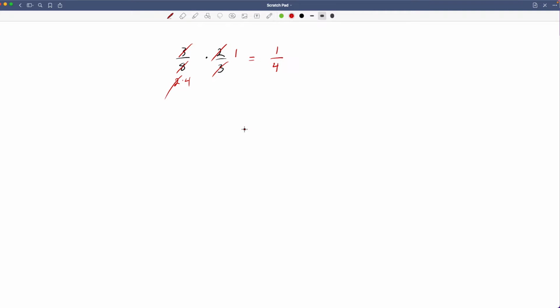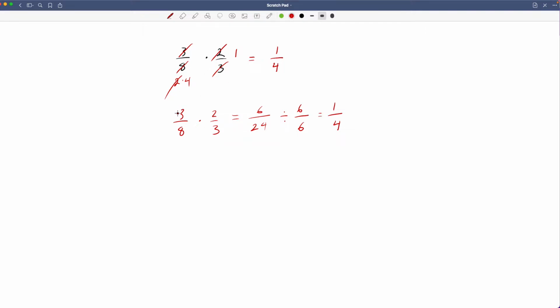But just to play it safe and do it the old way, I'll show you. If you have 3 over 8 times 2 over 3, that would be 6 over 24. If I divided the top by 6 and the bottom by 6, I would get 1/4.